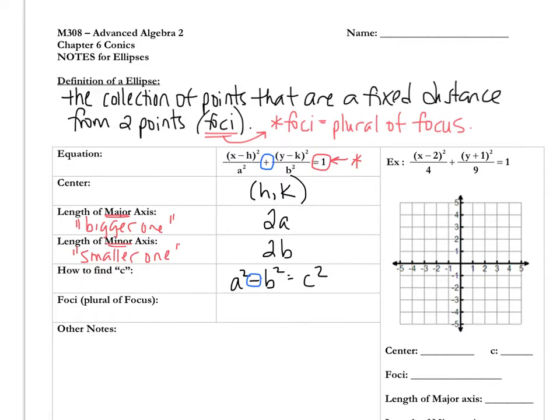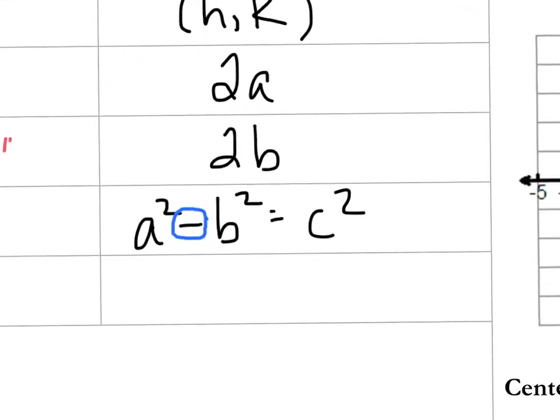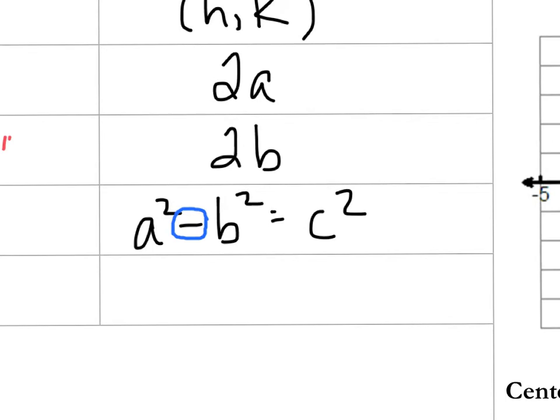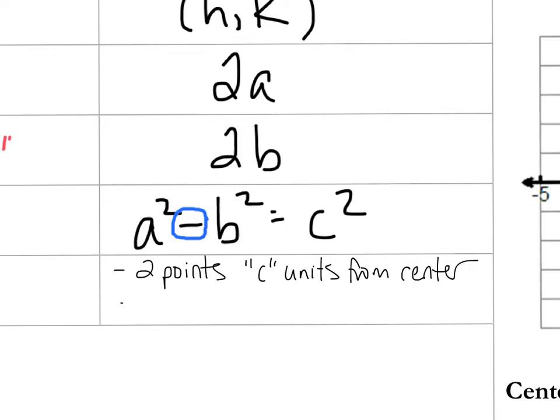So I'm actually going to zoom in. And what this is, there's two things. 2 points, c units from center, and they're always on the major axis.